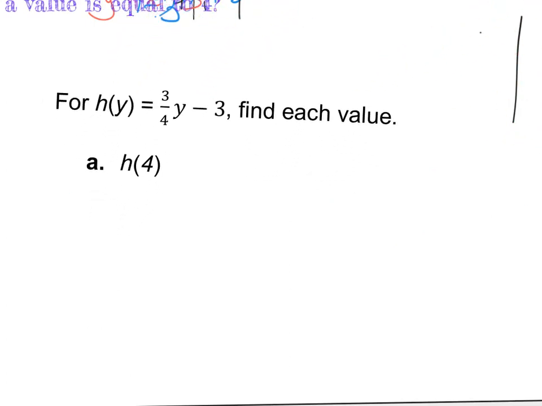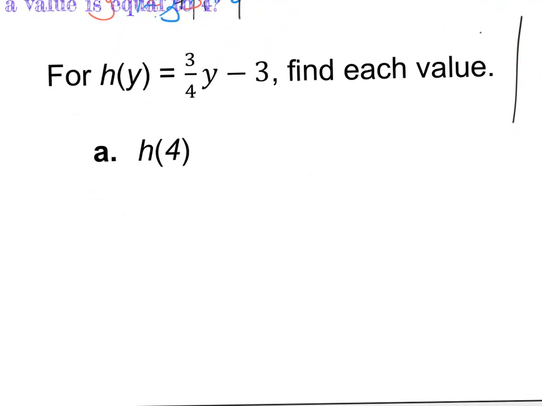So, if we look at this, h parentheses y. Another fancy way of saying, if you know that the equation uses the letter y, and by the way, here they're telling you that h parentheses y is 4, all they want you to do is take the 4, which is really the y, and plug it into the y.